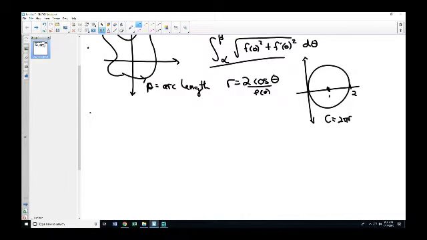You could put r here and r prime as well. Doesn't matter. What is the derivative? Negative 2 sine theta. So that would be our f prime of theta, right?